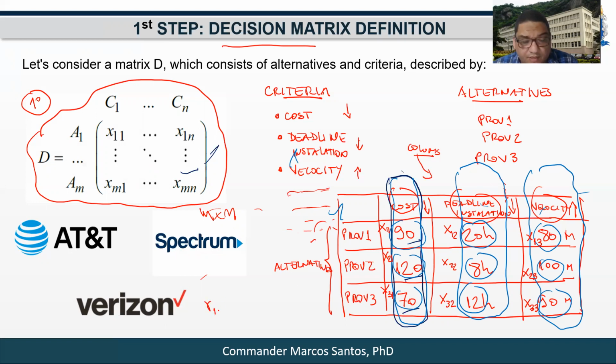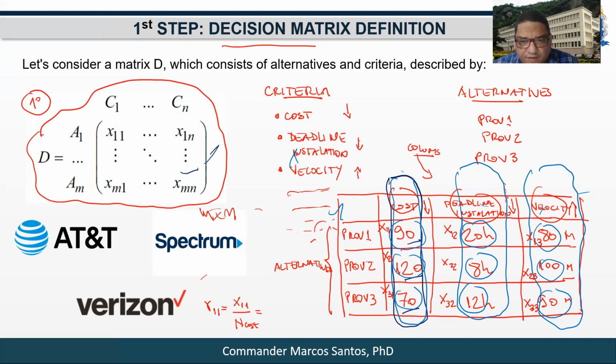So, R1,1 is equal to x1,1 over the vector norm of cost.